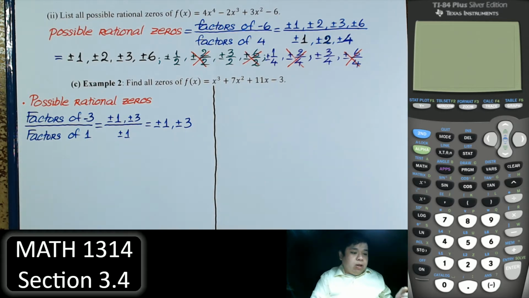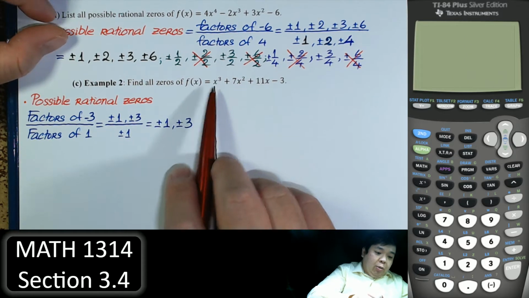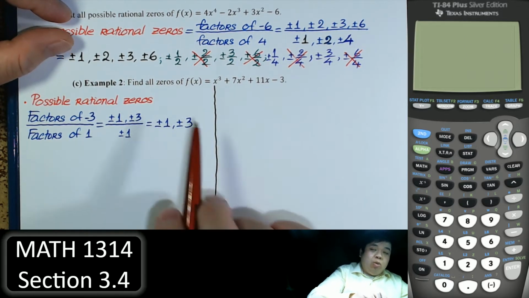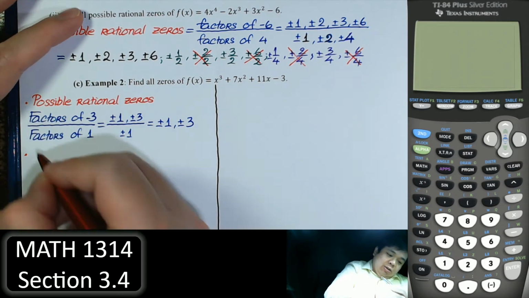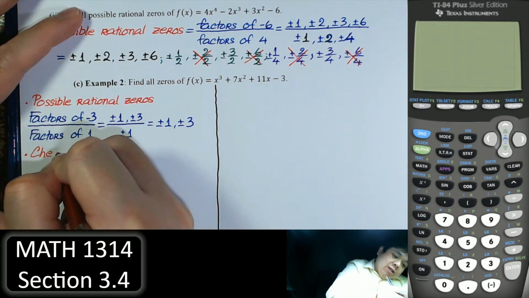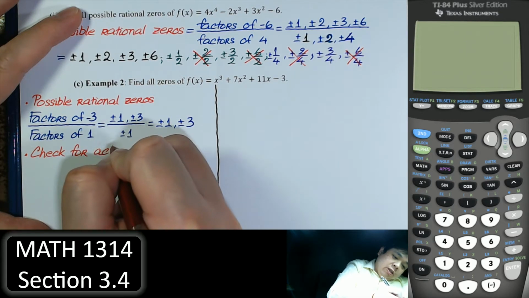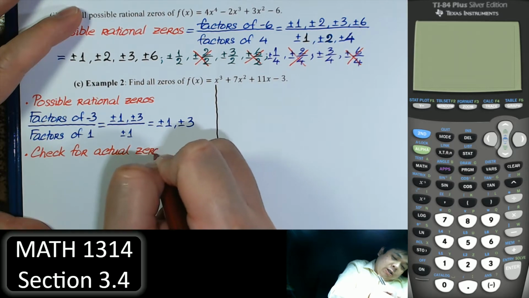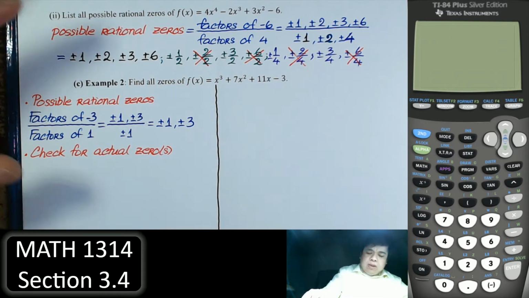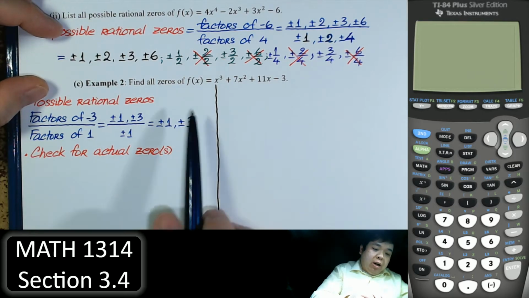Now, next, we're just going to test which one of them is an actual zero. We just pretty much test. So we put 1 into the function.